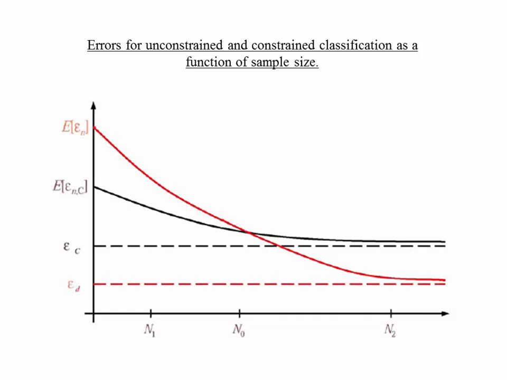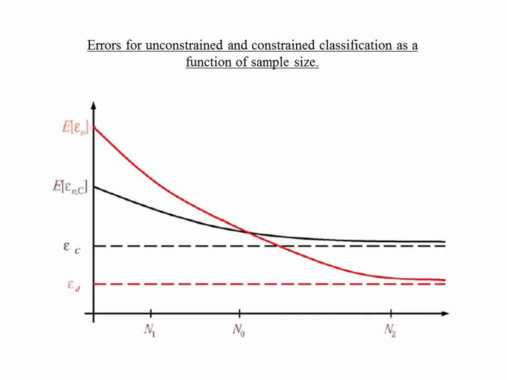On the other hand, if you're designing a classifier with constraints, first you put in the constraints, you messed yourself up some because you went from epsilon D to epsilon C. But now you have to actually design this one too. Let's say you're designing based on n samples, then you look at the expected error.